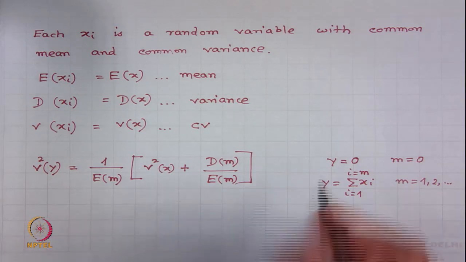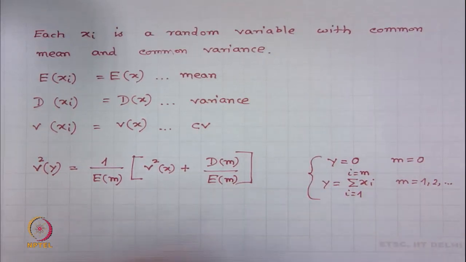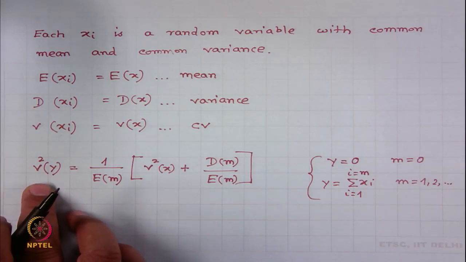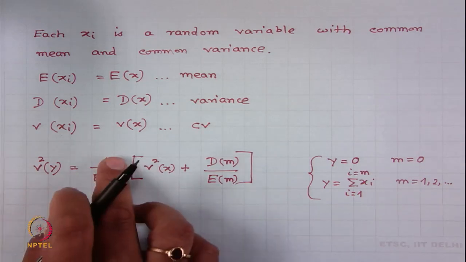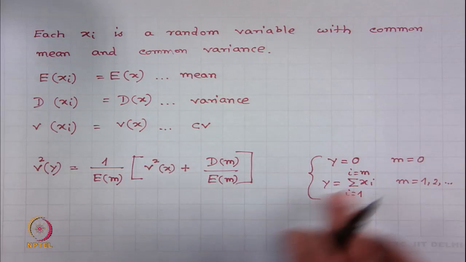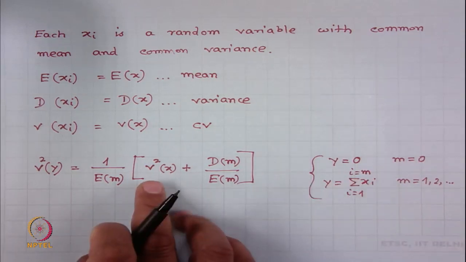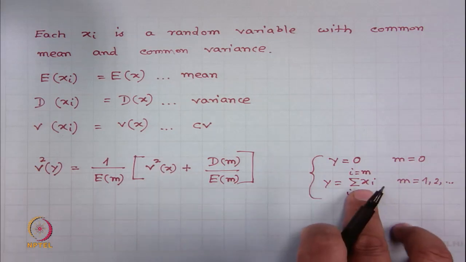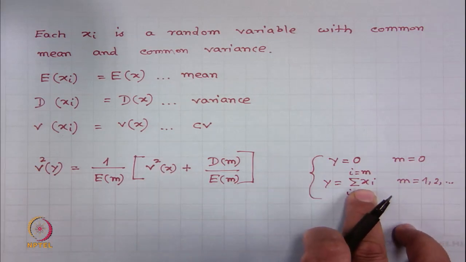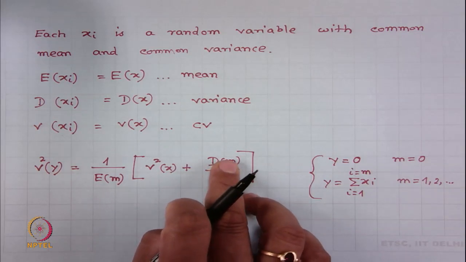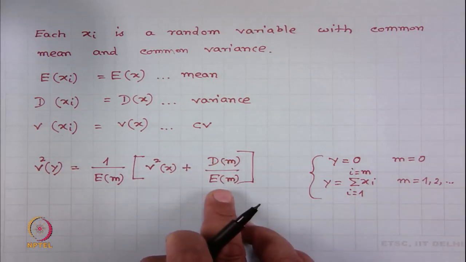So, if this is how we define y, then the square of CV of y is 1 divided by expectation of m, into the square of CV of x random variable, plus variance of m divided by expectation of m.